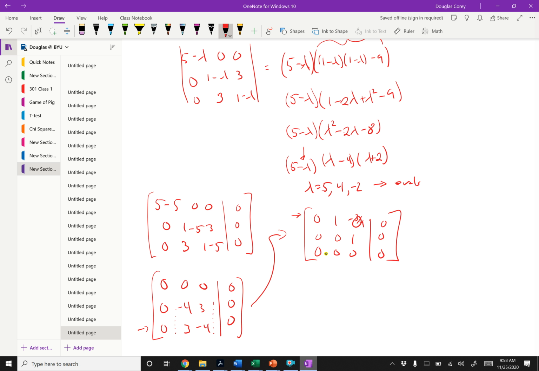So what does this mean? That means x is a free variable, so x equals x, y equals 0, and z equals 0. So 1, 0, 0 will be an eigenvector for lambda equals 5.